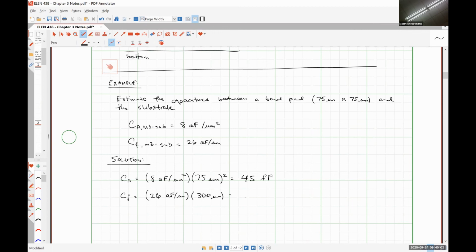And so 26 times 300, 7.8 femtofarad. Total capacitance is then 52.8 femtofarad.